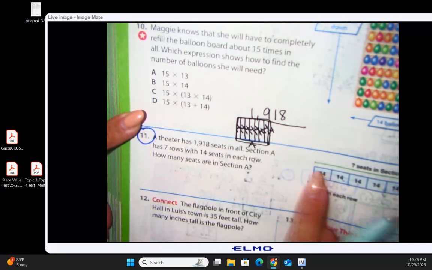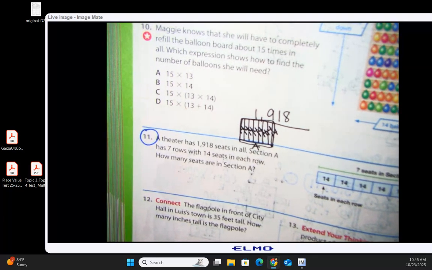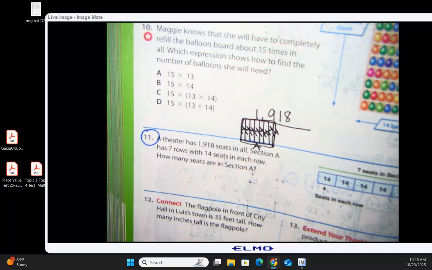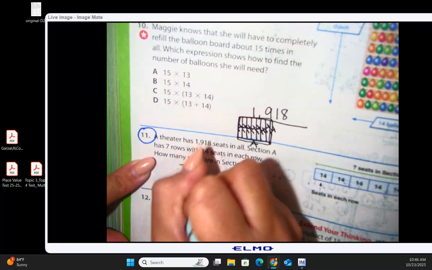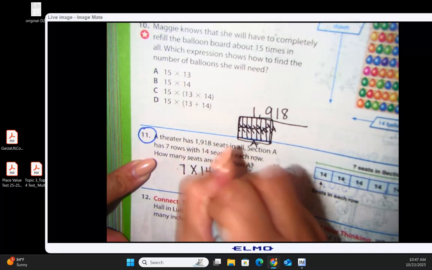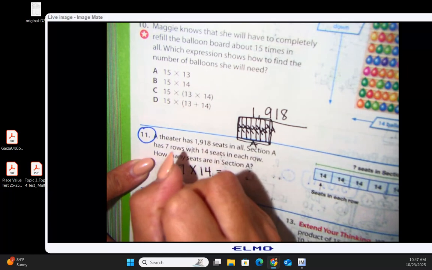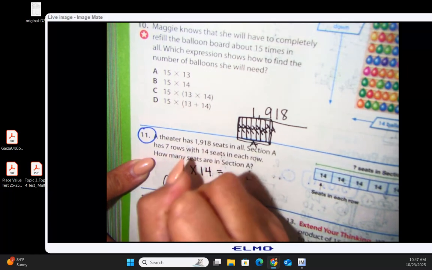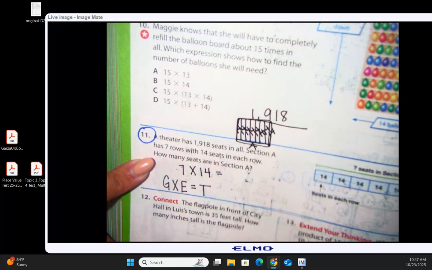This is what they're showing me here. How do I figure this out? I could multiply or I could add. Because what they're telling me here is that they have 7 rows. Each of them have 14 seats. Remember your GET strategy? Groups times each equals total.